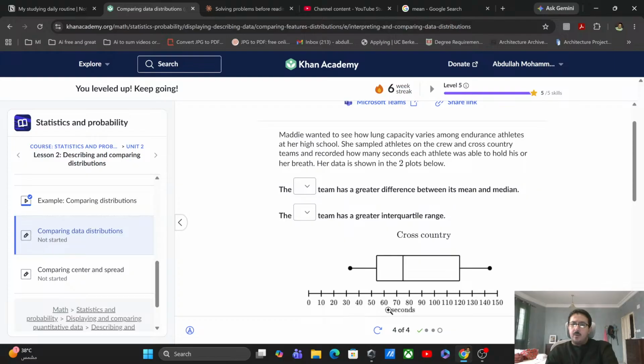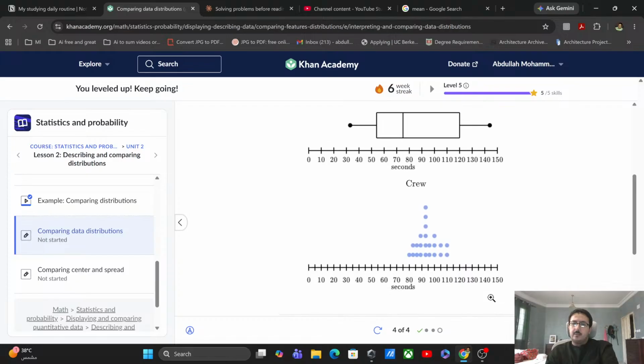We said its outlier, 30 and 40 and 50, 30 and 40, whatever. So this means that the mean is going to be greater than its median.